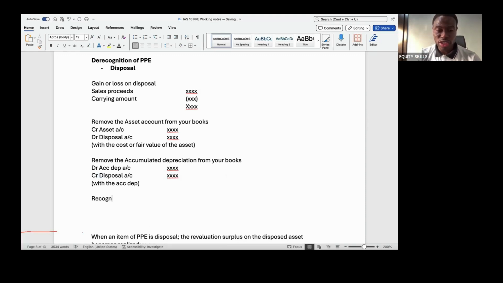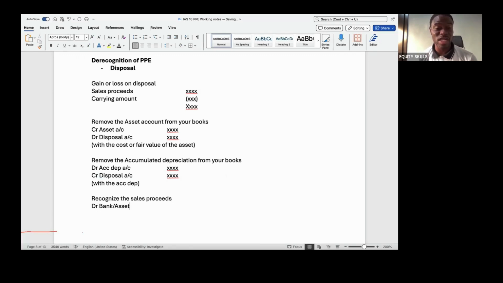So we need to recognize the sales proceeds. Of course, we'll collect money, or maybe we'll collect another asset. They can be exchanges of assets. It's not all asset disposals where you actually collect money. You can collect another asset.